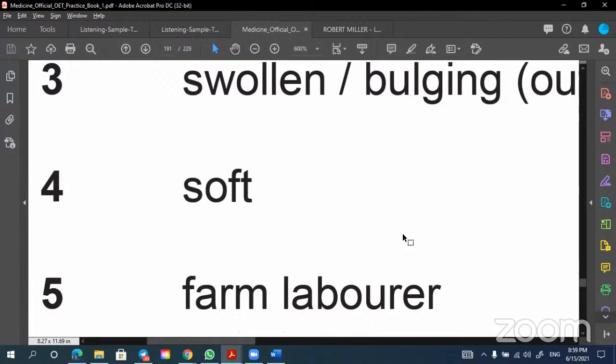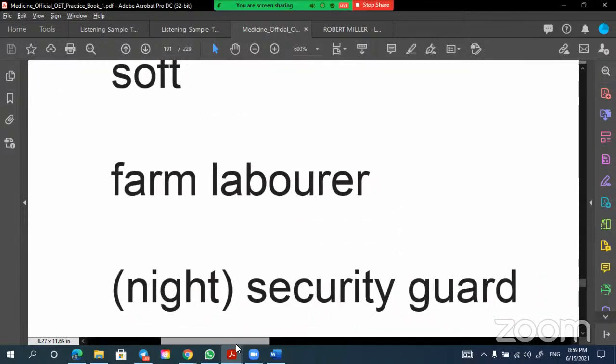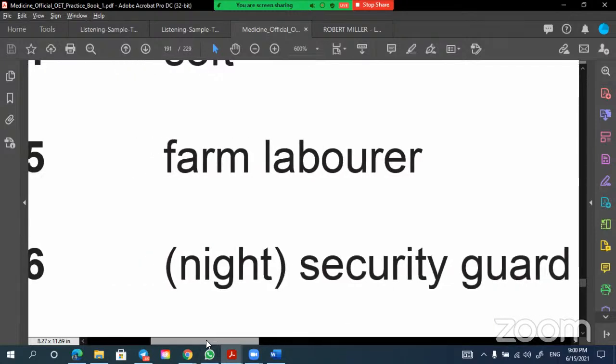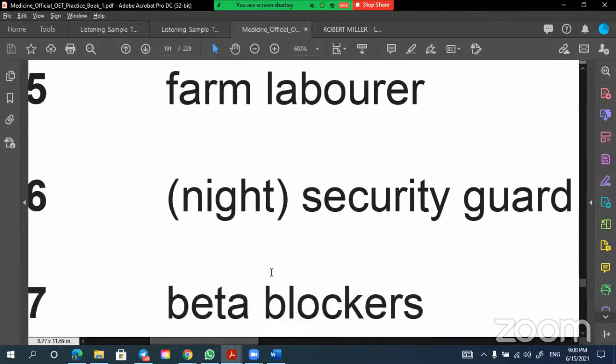Next, 6th one is night security guard. So night is not there also, okay. Security guard is important.